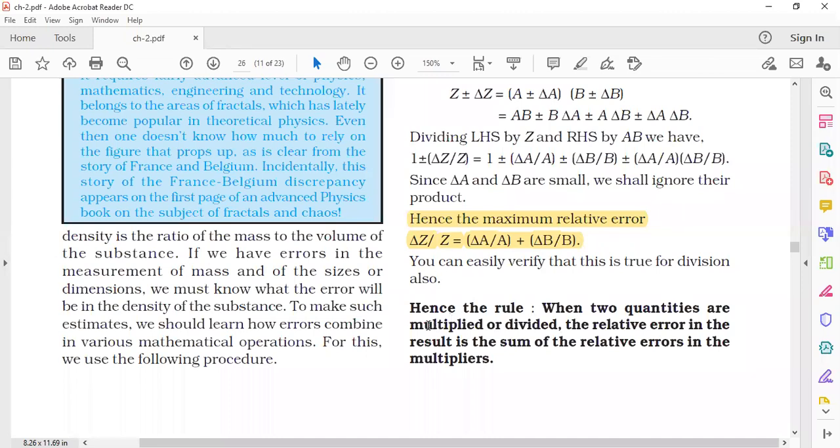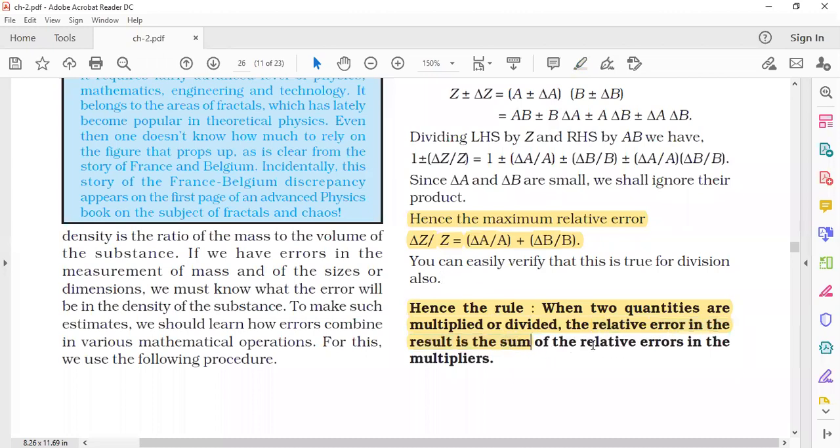Now finally, we'll read. The rule says that when two quantities are multiplied or divided, multiplied meaning A B, divided meaning A by B, the relative error in the result is the sum of the relative errors in the multipliers. Delta Z by Z is called relative error in the result. Z is the result, delta Z is the error in the result.